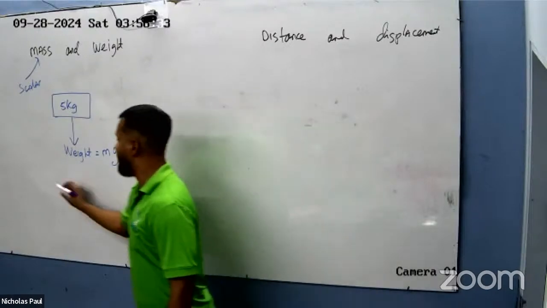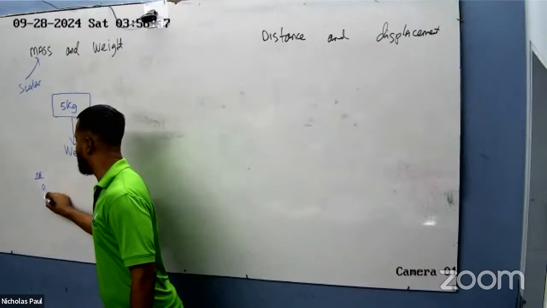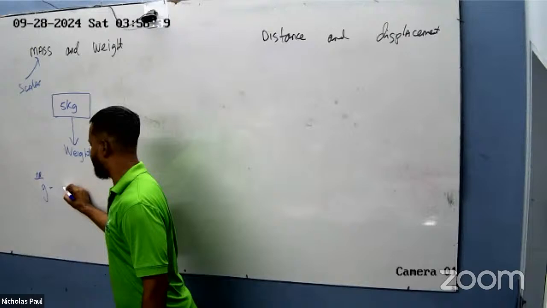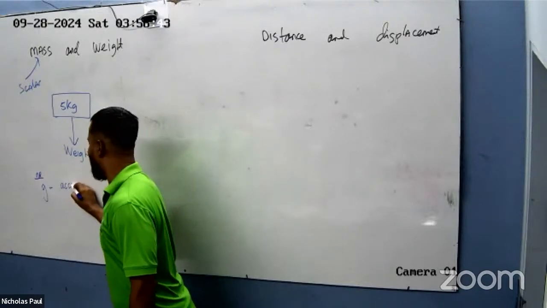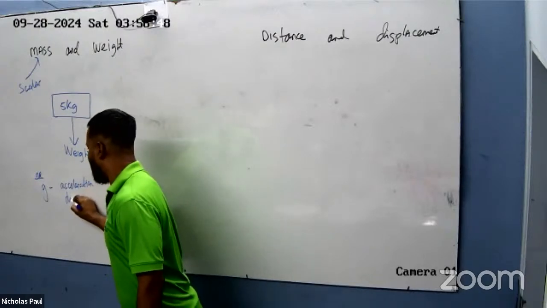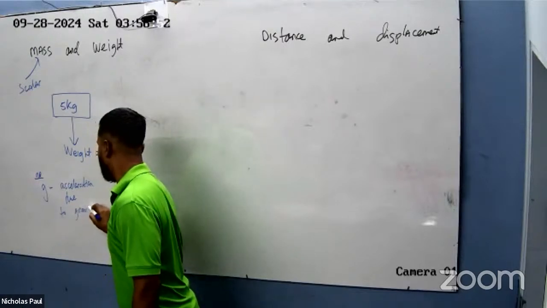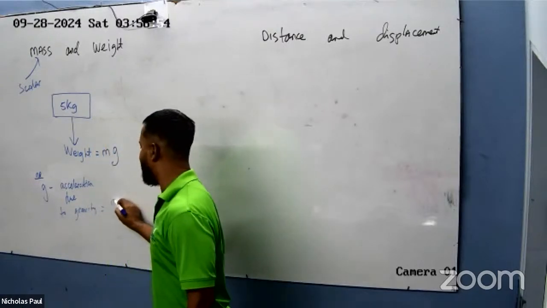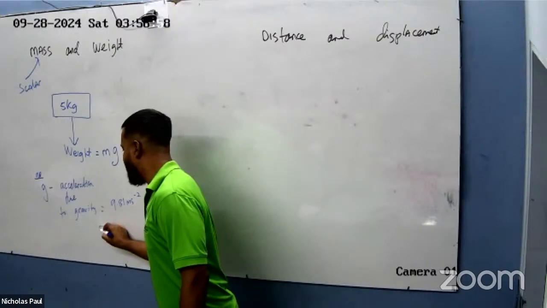The value for g that we will use is 10. We call this the acceleration due to gravity. The actual value that you will really see is 9.81, but the value that we will use is 10.